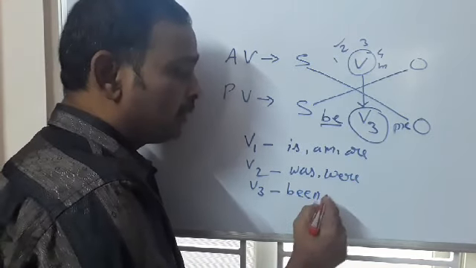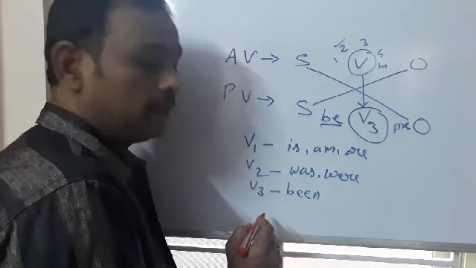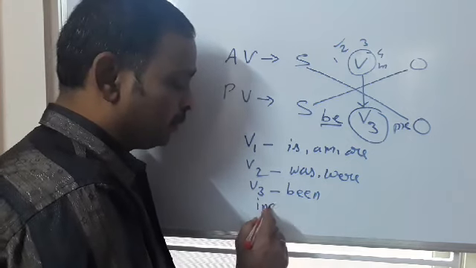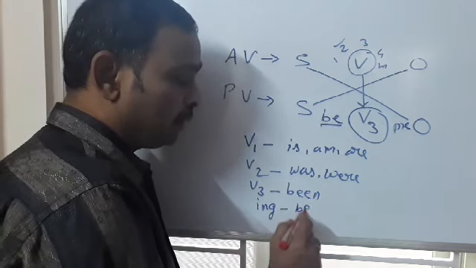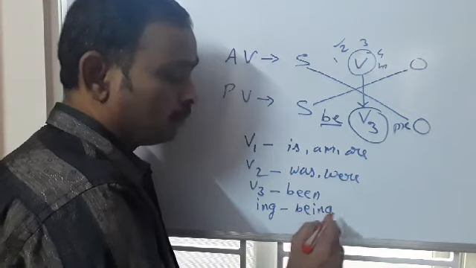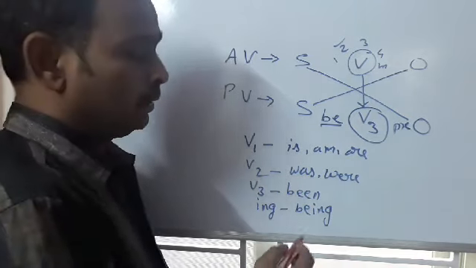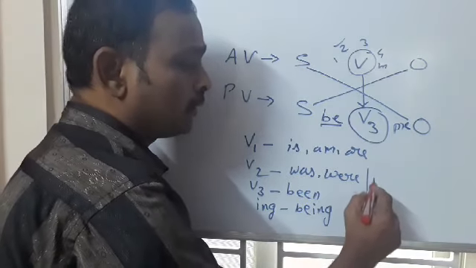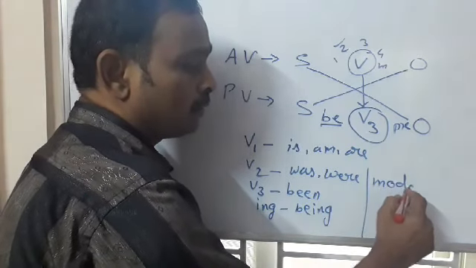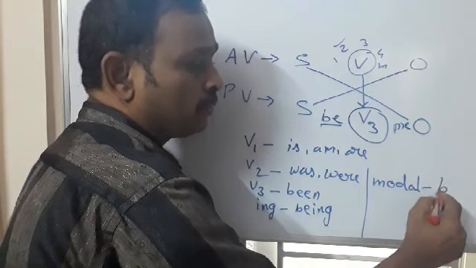Suppose the ing form is there, that is verb 4, we use being. Suppose modals are there, if modals are there, we use be.